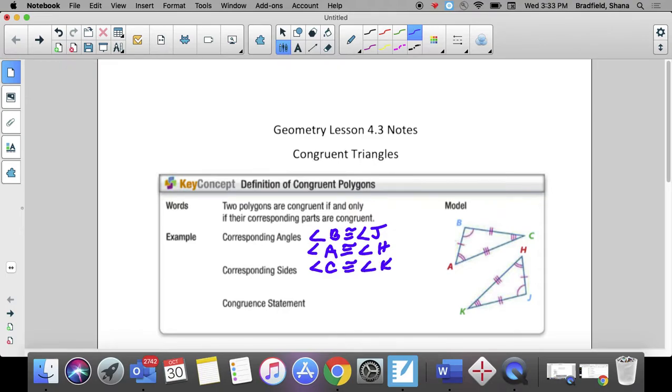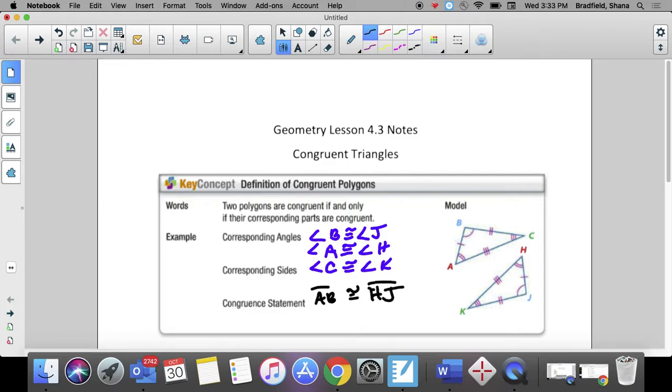And then the same thing, I would look for corresponding sides. So sides that correspond also have the same congruence markers. And so for the sides, I have segment AB has one congruence marker. And so the corresponding one would be segment HJ.